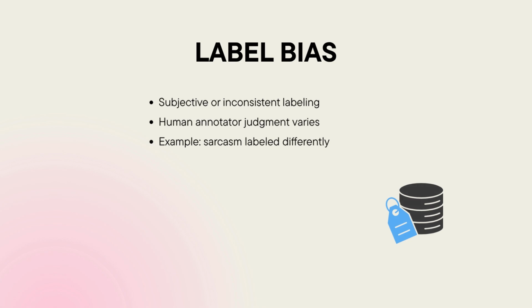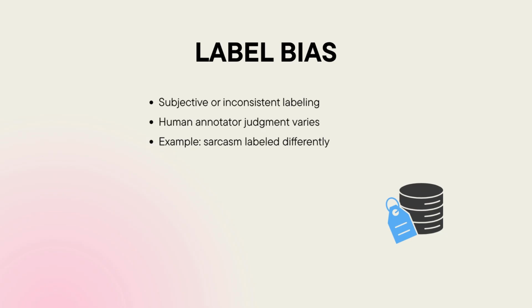Label bias arises when human judgments used to train a system reflect inconsistencies or hidden assumptions. Even with strong labeling guidelines, annotators can disagree, especially on subjective tasks. One person may classify a sarcastic review as negative, while another sees it as neutral. These disagreements aren't random.